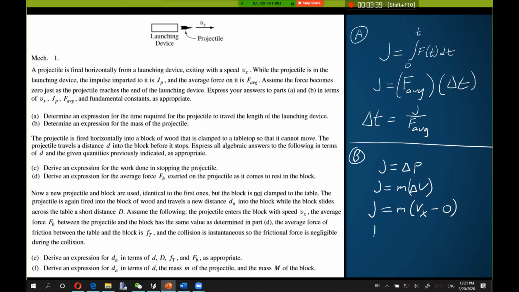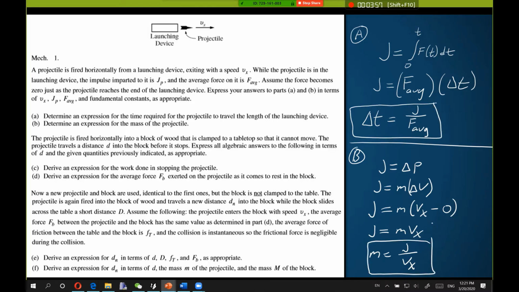So that means our impulse is equal to m vx, and therefore my mass is equal to our impulse divided by vx. Okay, so there's A and B. Any questions on A or B?